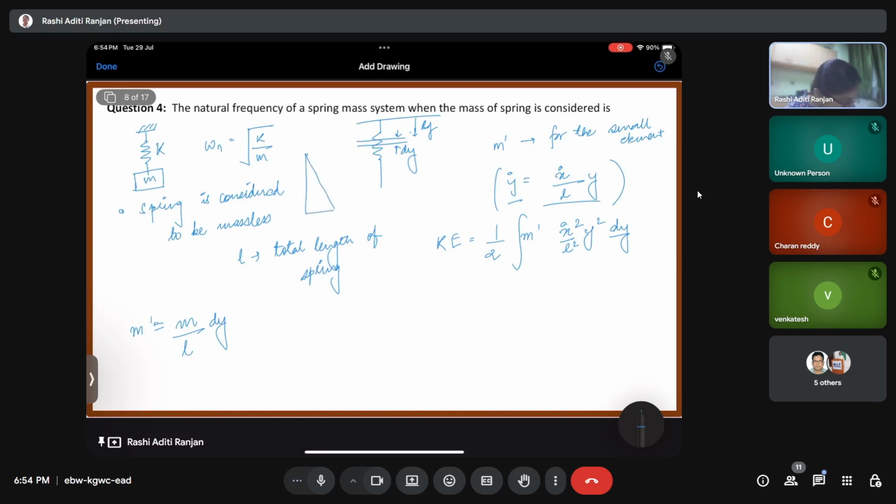This is x dot, this is L. We have considered a point over here, which is y, and here it is y dot. So by the similarity of triangles, x dot by L is equal to y dot by y. So this implies y dot. I hope it is clear.